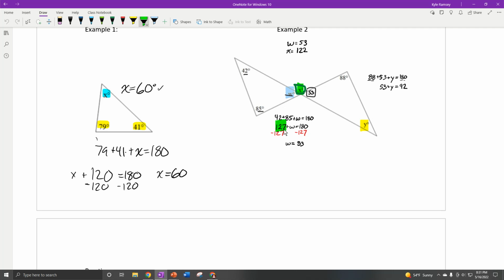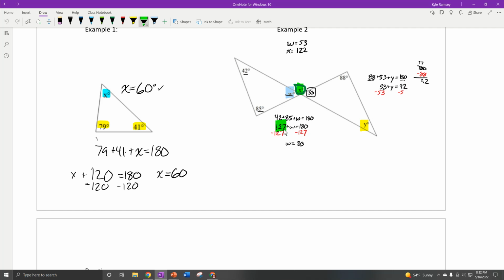Notice all I did was subtract 88 from both sides. 180 minus 88, 12 minus 8 is 4, 17 minus 8 is 9, 92. Now we can just go and subtract the 53.